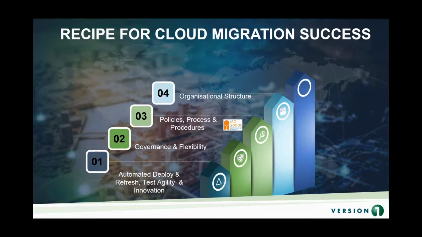That requires a different kind of organizational structure. You're dealing with suppliers on a far more critical basis. So you need a focus around SLAs and management of those organizations as well. And building those relationships is obviously vital to producing a good public cloud migration process.